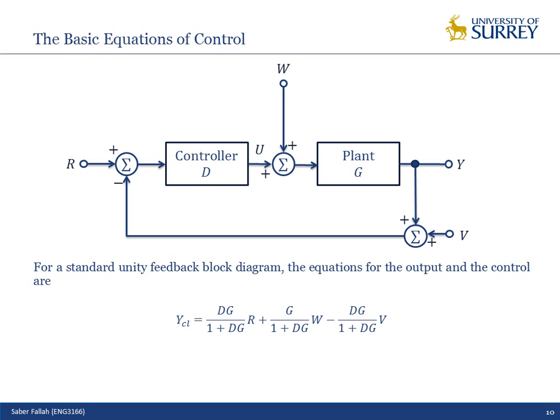Keep it in your mind. So the transfer function here will be what? G over, I have positive, here will be negative, 1 minus D multiplied to G. So it will be equal to G over 1 plus DG. Correct?